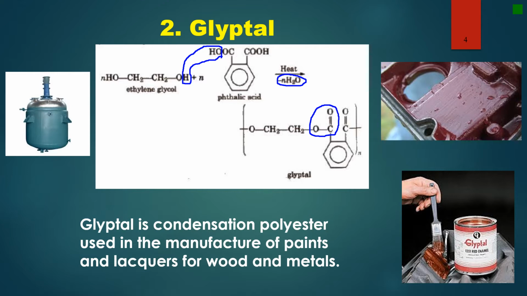The examples here are that they are painting these metallic objects to prevent them from rusting or to prevent corrosion. You can see these images are showing it clearly. This is Glyptal that is used to paint the metallic objects.